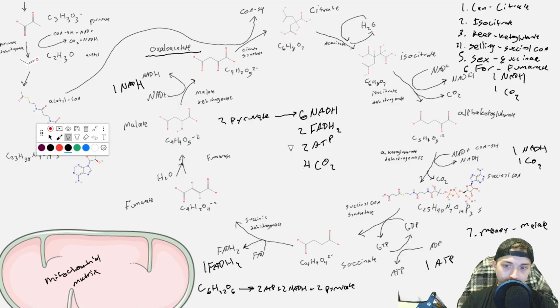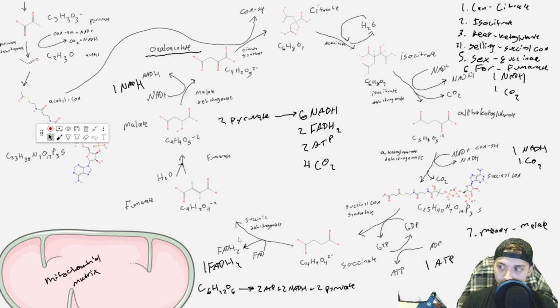Okay, are you ready for just drawing this entire thing out? I think that I am. So let's go to the next slide and let's do it. Well, actually, first, step 8 is oxaloacetate. So citrate, isocitrate, ketoglutarate, succinyl-CoA, succinate, fumarate, malate, and then oxaloacetate.